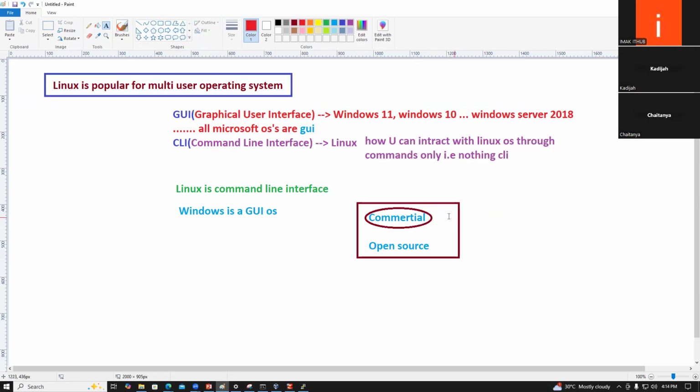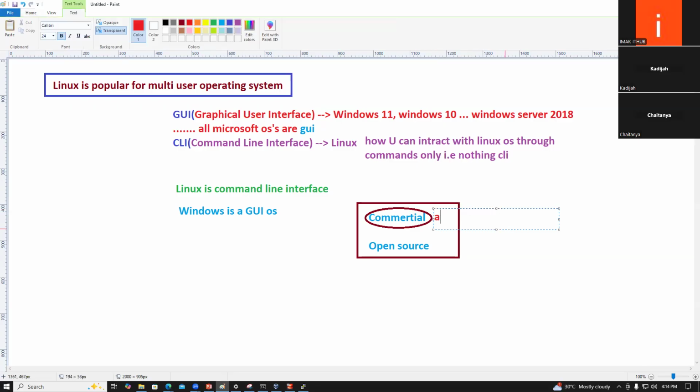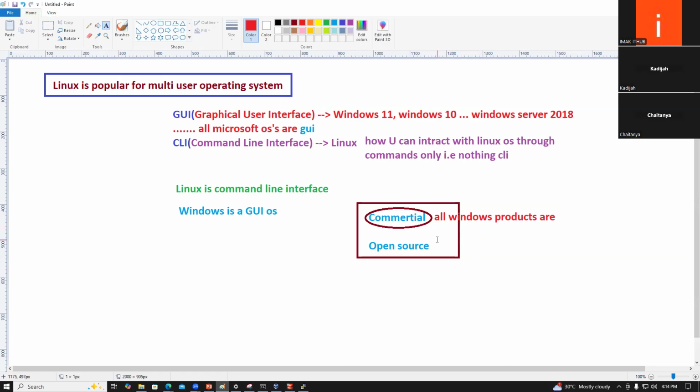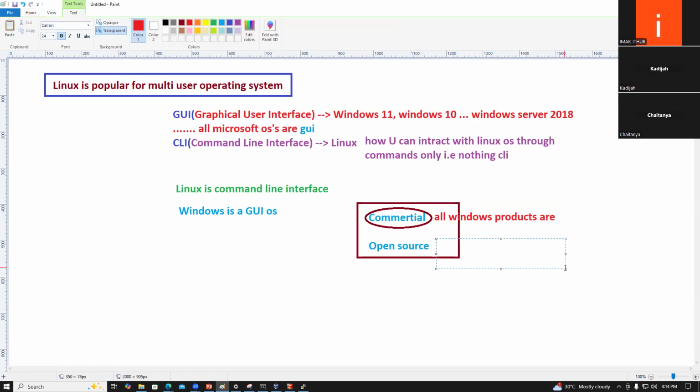So all Windows products are commercial. What is the opposite meaning of open source? Open source is not commercial, and it's free. Yes, free of cost.